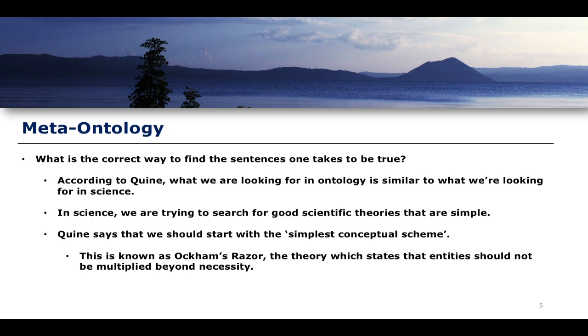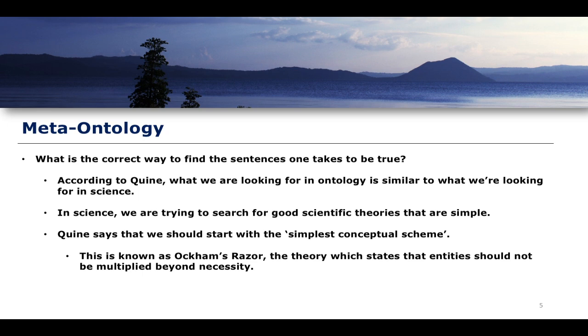Because what this idea is, trying to find the simplest conceptual scheme and the simplest explanation for events and things taking place. This is Occam's razor, a theory developed by medieval philosopher and theologian William of Occam.